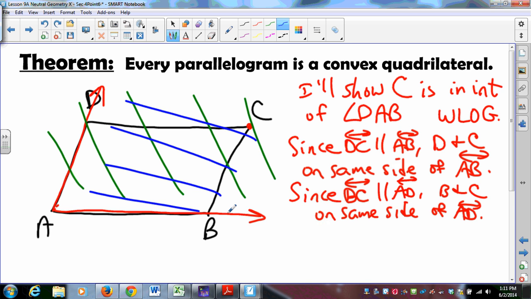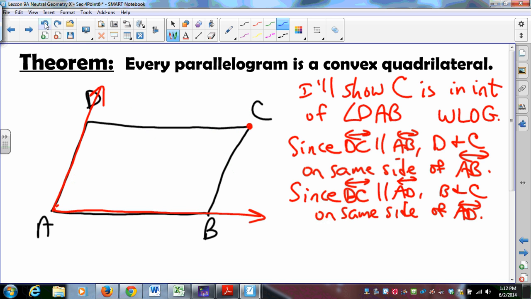So when we look at the interior of angle DAB, it's the intersection of those regions, which happens to be where C lies. C lies in the interior of both. It lies in the interior of the angle because it lies on the correct side of both rays.